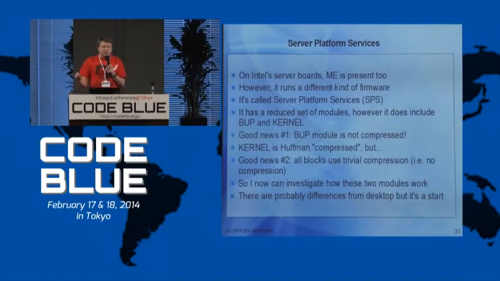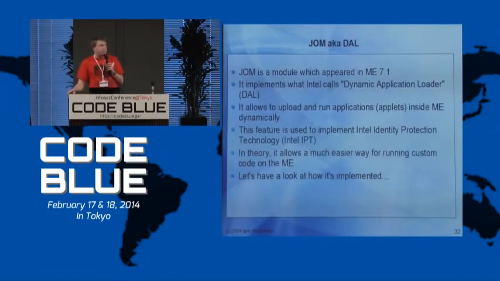It's just marked as compressed, but all the blocks are non-compressed. So I can just reconstruct those blocks and analyze them. This was very useful progress. I could look at how those two modules are implemented. There are some differences from the desktop, I guess, but still I can look at them.